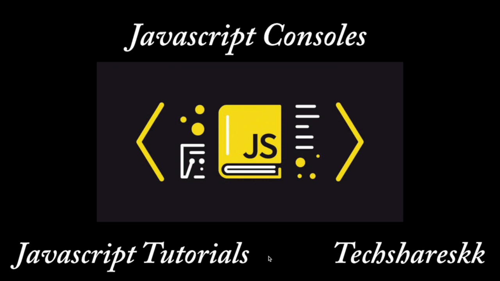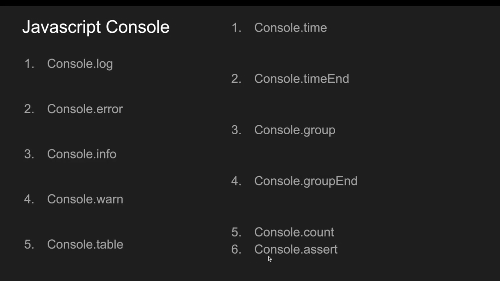Let me jump into another slide and show you what exactly we are going to learn in this video. We have different types of functions for this console. One is console.log, error, info, warn, table, time, timeEnd, groupEnd, and count along with assert. Mostly we will use the first four: log, error, info, and warn.